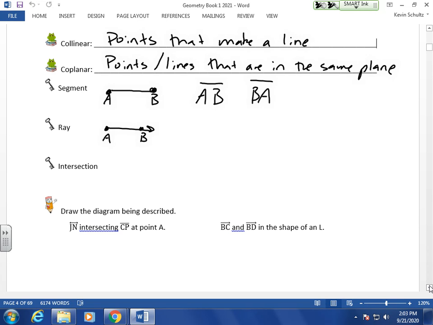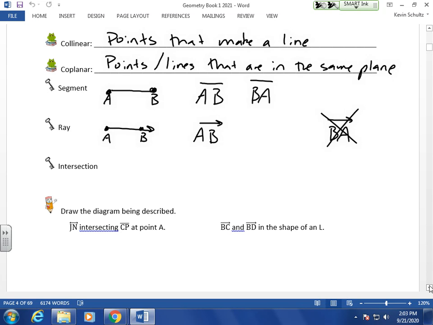The notation for this would be AB, A through B. It would not be correct to write B through A, because that would say that it starts at point B and continues through A, which it does not do.